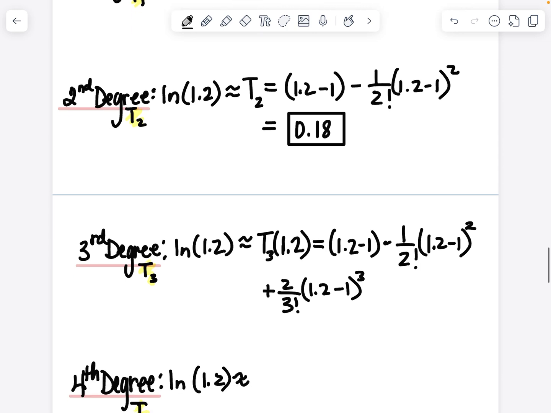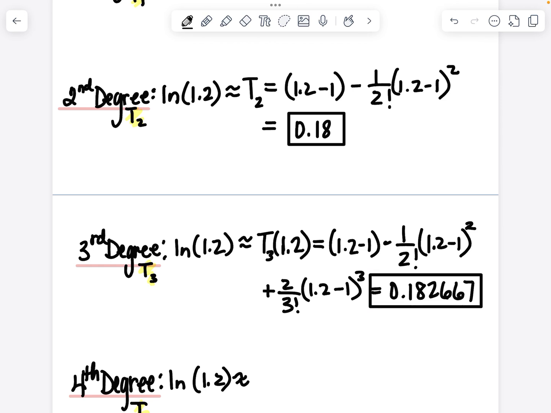So we extended it one more term, and when you calculate this, T of 1.2 is approximately 0.1826667, is what I get. So let's leave that here.